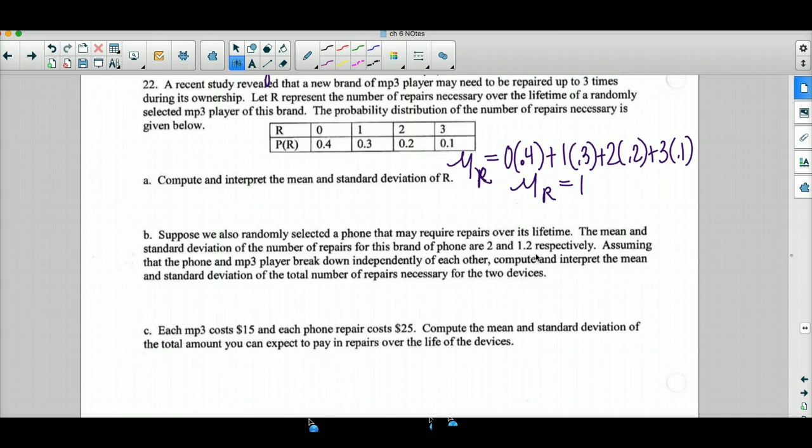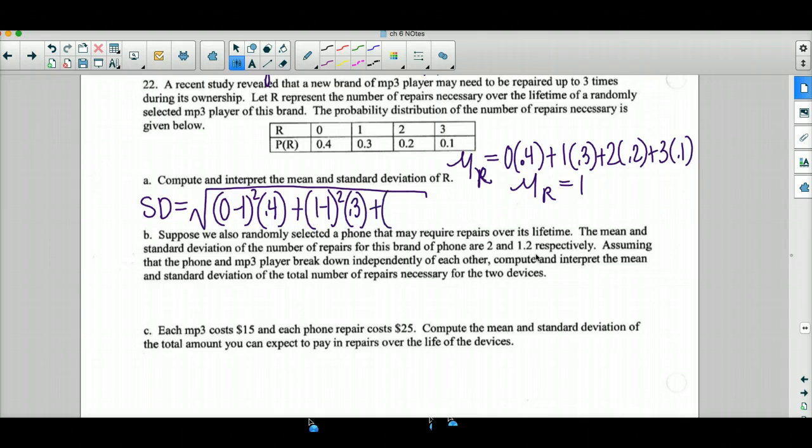Then the standard deviation is the square root of 0 minus 1 squared times the probability plus 1 minus 1 squared times the probability plus 2 minus 1 squared times the probability plus 3 minus 1 squared times the probability. I just gave it all since we're doing this.